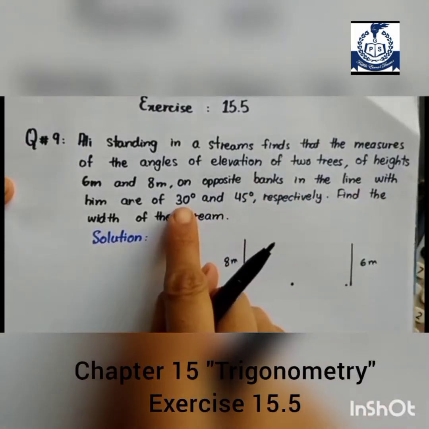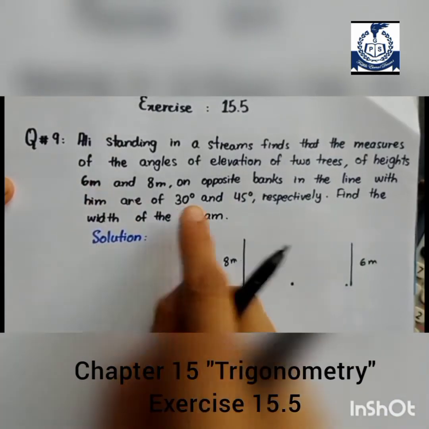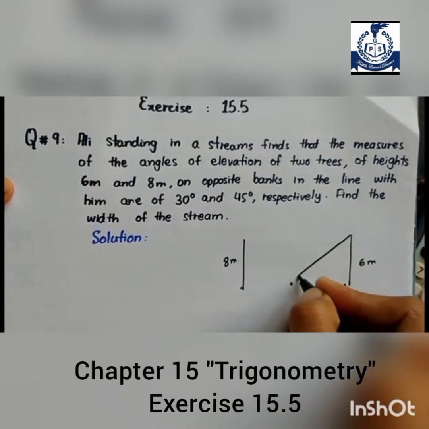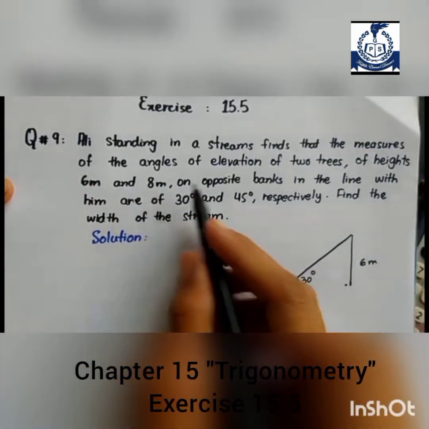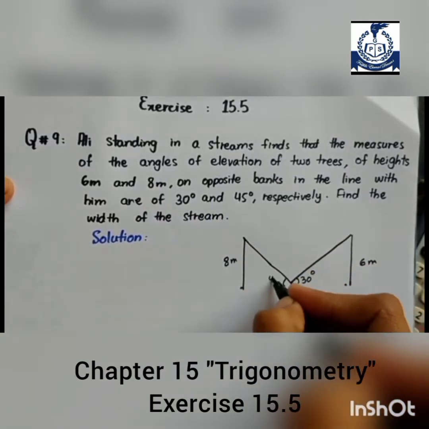On the opposite line with him, the angles are 30 degrees and 45 degrees. So the angle for the 6 meter tree is 30 degrees and the angle for the 8 meter tree is 45 degrees.